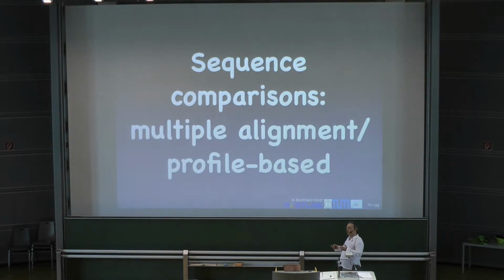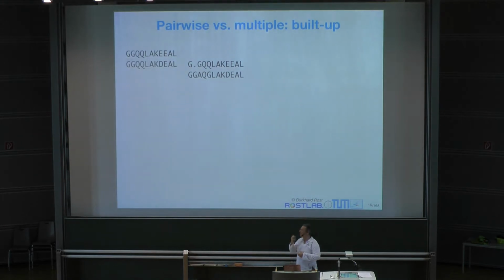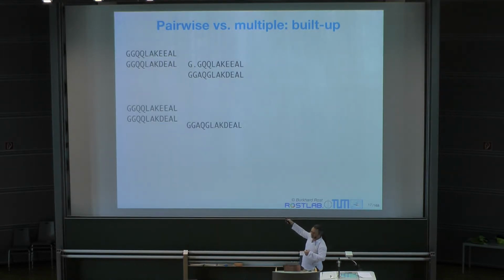So this gets into the next idea, and that is the idea of profiles. The concept of profiles really is you build up, what I showed you was a consensus sequence. Now you could also imagine that you essentially build up something else that describes these two sequences here, and align into that something else.